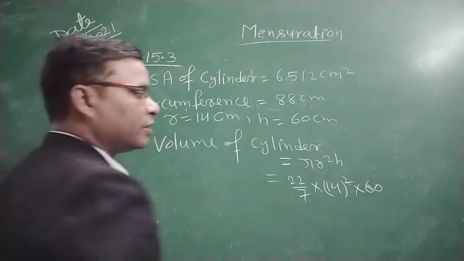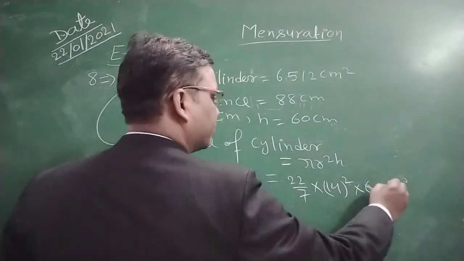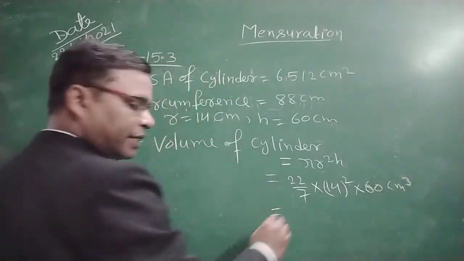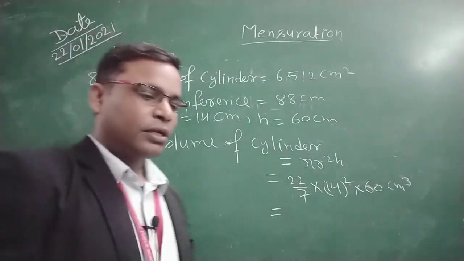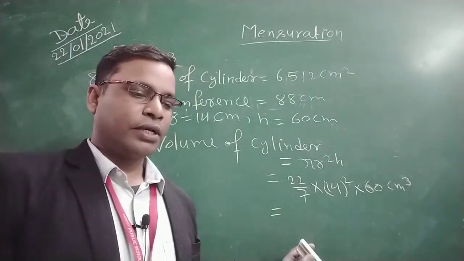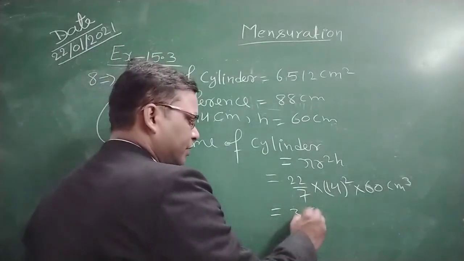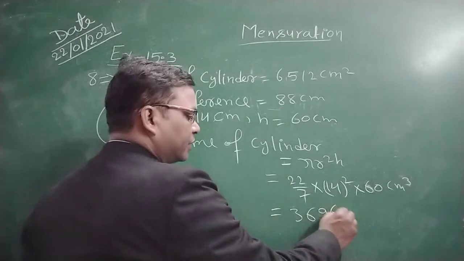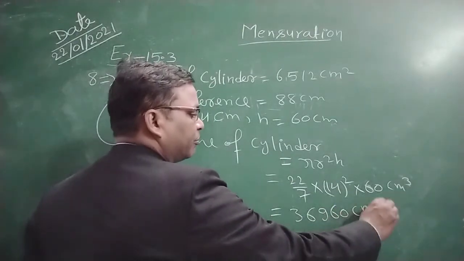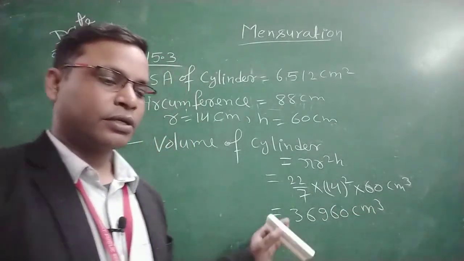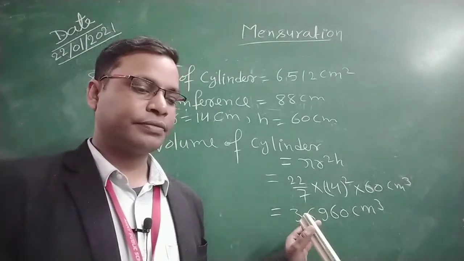Clear? Centimeter cube. If you simplify this, then you get 36,960 centimeter cube. This is clear.